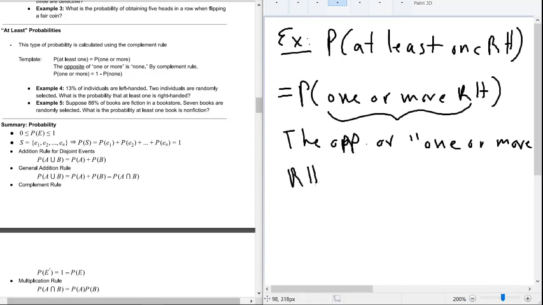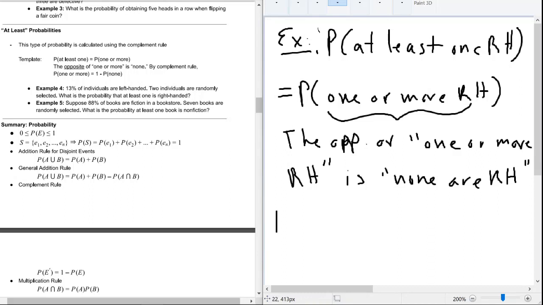The opposite of 1 or more being right-handed is that none are right-handed. Okay, that's the opposite of 1 or more being right-handed. So now notice what we have.